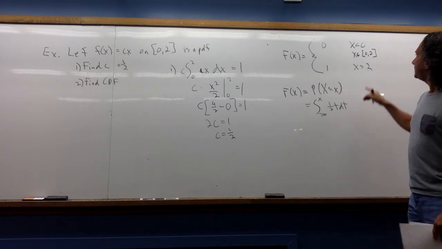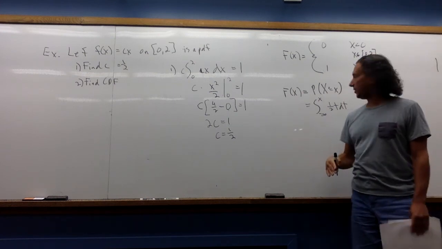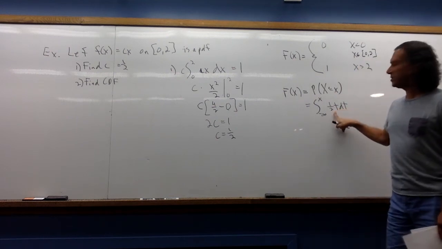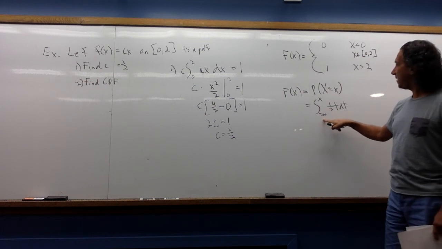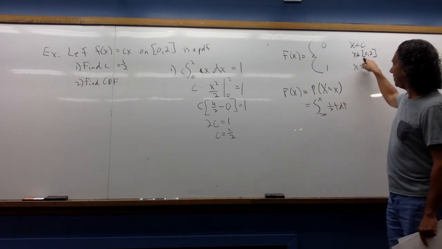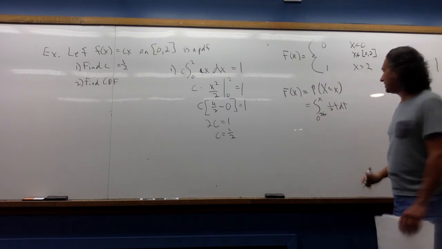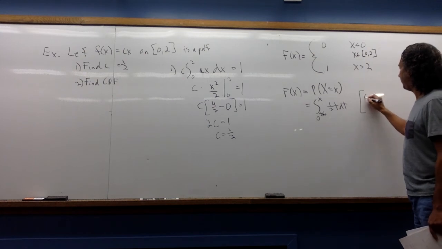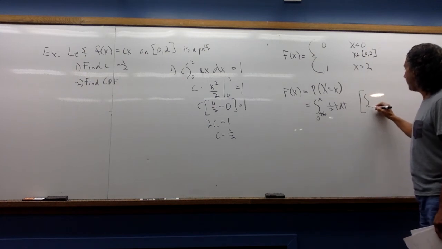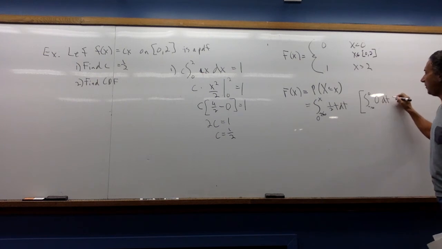But since all of my probability is between 0 and 2, then this isn't actually totally correct. This negative infinity shouldn't be negative infinity. The smallest value here should be 0. Because if I were to write this out fully, then from negative infinity to 0, I'm actually just integrating 0.